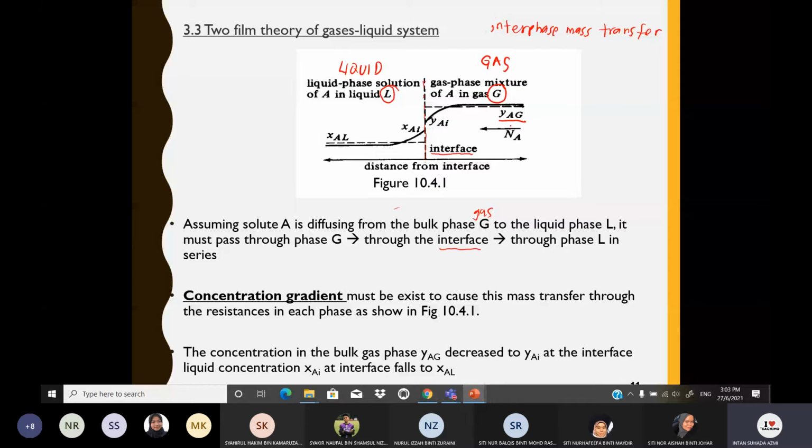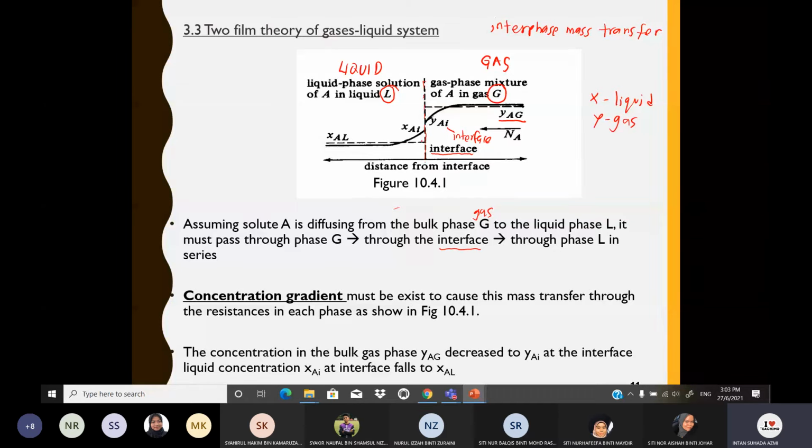The I here means interface. X is for liquid and Y is for gas. So this is the gas interface.